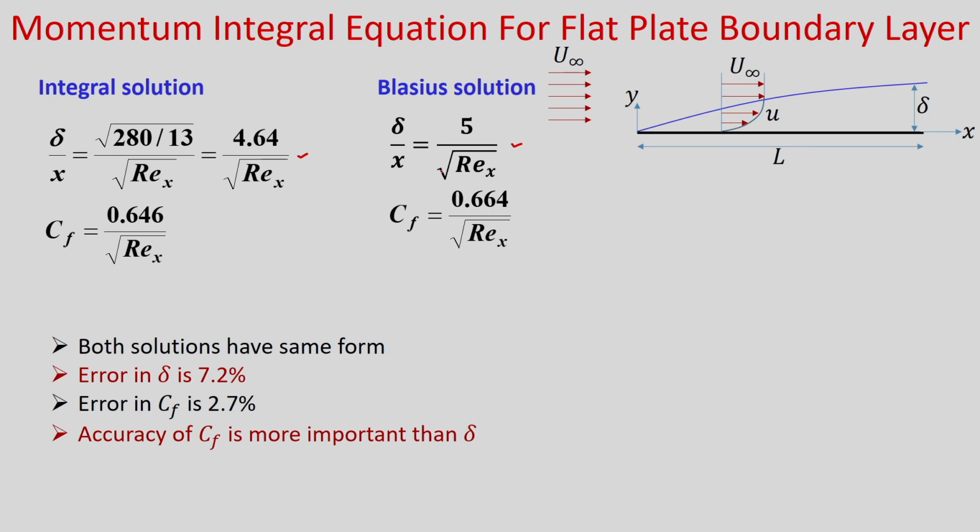It varies as 1 by root Re_x, and in delta, you are getting 5 here and 4.64 here.